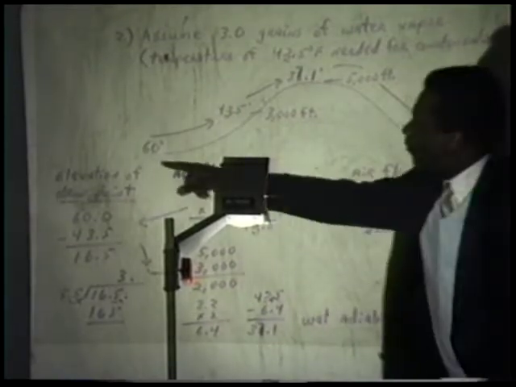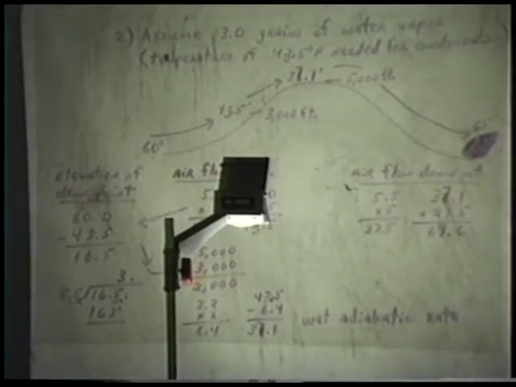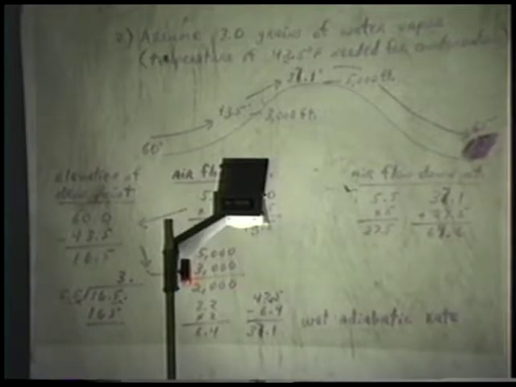And so in order to find out the elevation of the dew point, what we need to do is to get the difference between the dew point temperature, which we already know, 43.5 degrees Fahrenheit, and the temperature of the heated air at the surface, which is 60 degrees Fahrenheit.